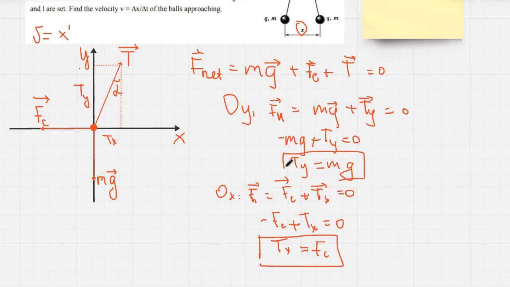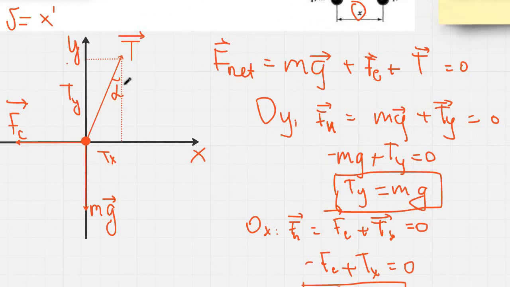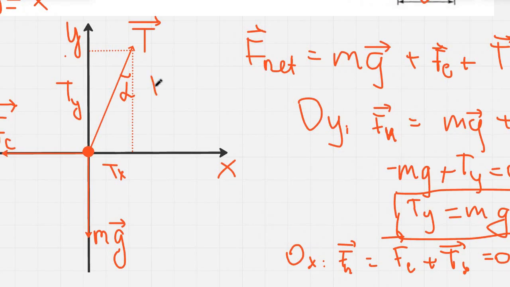That's what we need. Now, we have an angle here, and tangent alpha equals Tx over Ty. We don't know tangent alpha.